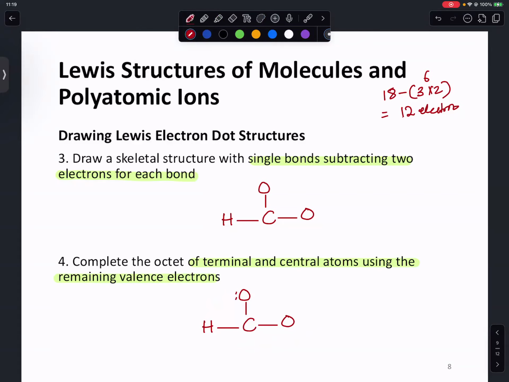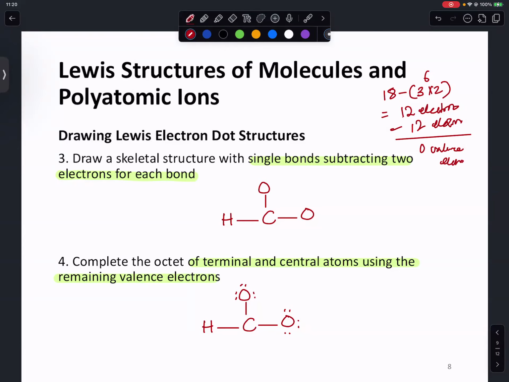I'm going to add 1, 2, 3, 4, 5, 6, and the 7, 8 come from the single bond. 1, 2, 3, 4, 5, 6. So I have here 2, 4, 6, 8, 10, 12. Now I have distributed all the valence electrons. So now minus 12 electrons that went to the oxygen, I have 0 valence electrons left.